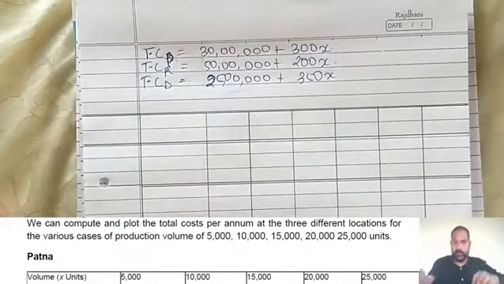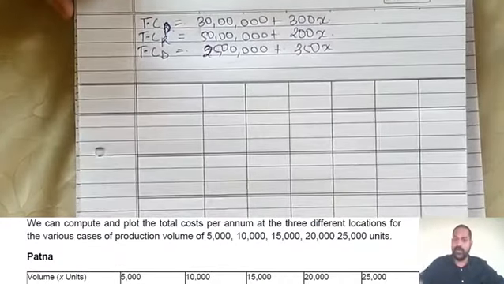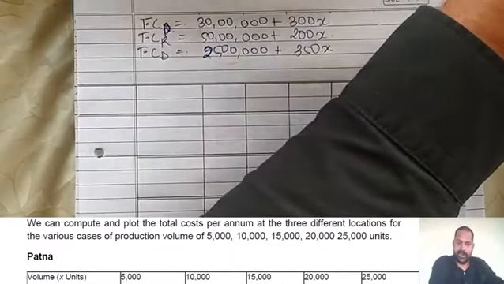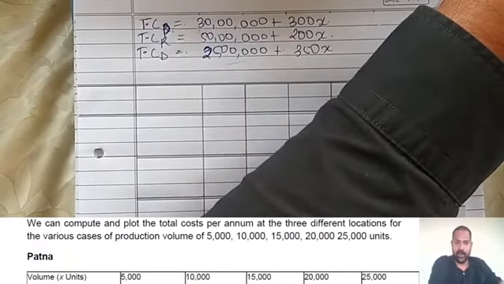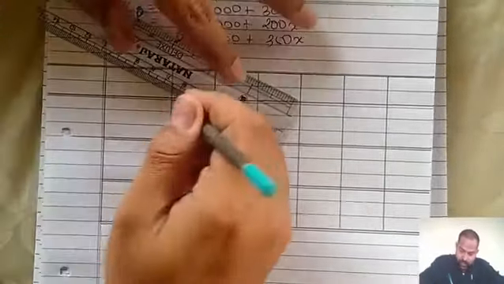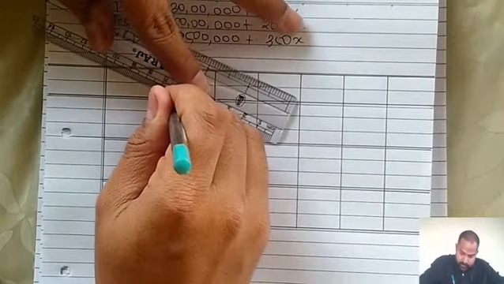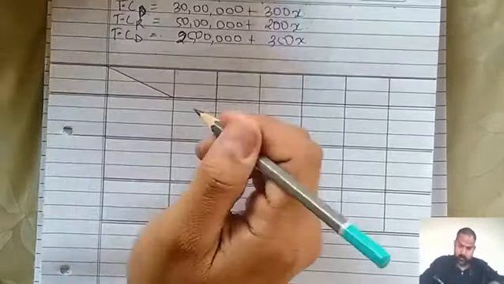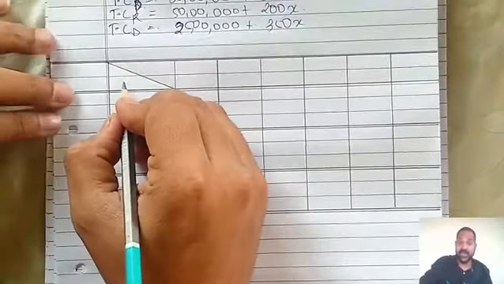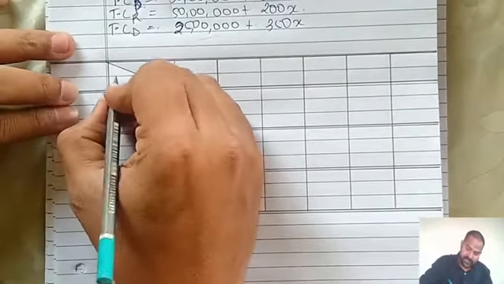Now in the institute material they have done all 3 separately. I'm not doing that, I'm doing all 3 together in one table itself. So what am I going to do? I'm going to break this down into 2 parts. This here is going to represent the sales volume.